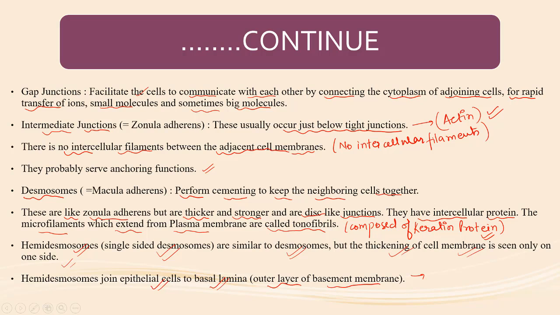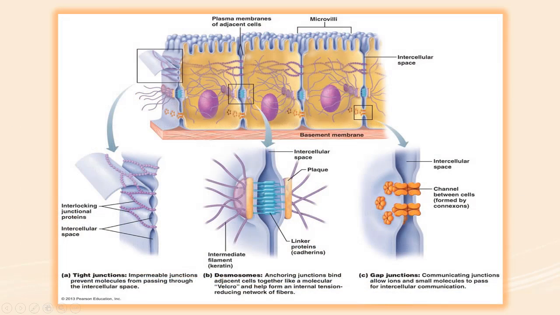Now coming to the diagrams which are given, please be focused and pay attention to what I am saying. Look at this: these are the interlocking junctional proteins, which help to bind the two cells, the two cellular layers.